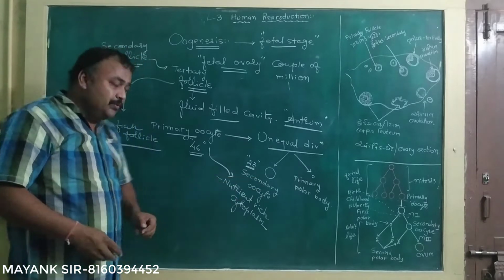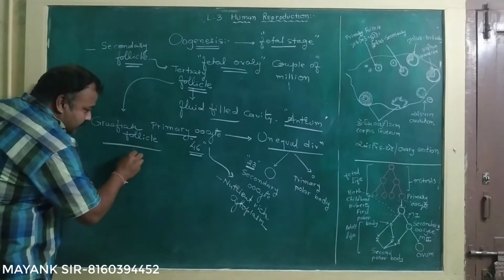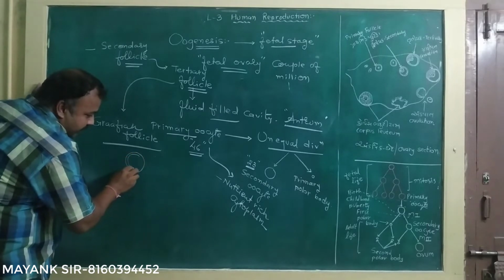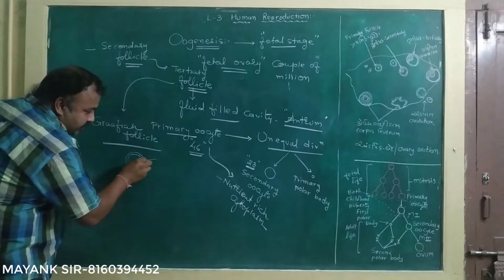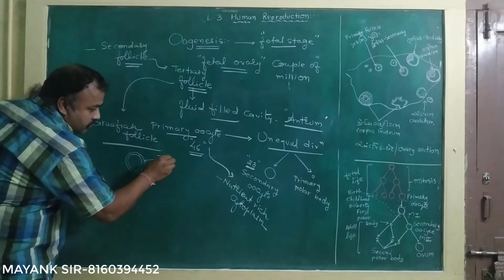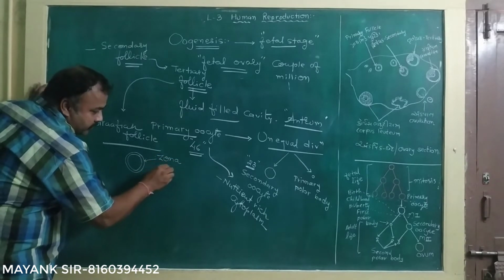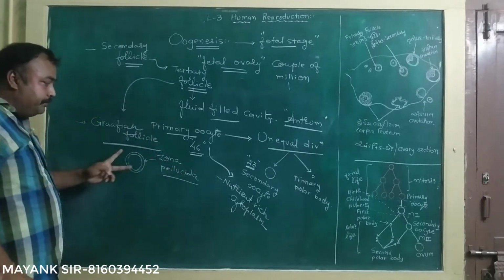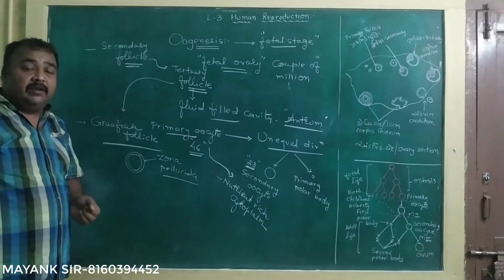The secondary oocyte develops a layer around it, and this layer is called the zona pellucida, which is the protective layer of the secondary oocyte.